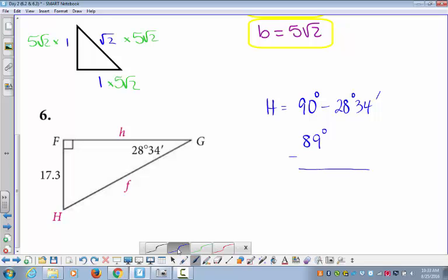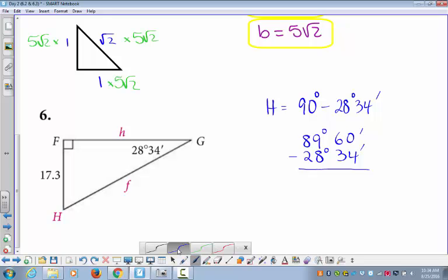I'm going to borrow 1 degree from the degree column and turn it into minutes. 60 minutes is 1 degree. So 89 degrees, 60 minutes is just another way to write 90 degrees. 89 degrees and 60 minutes is really 90 degrees, because it's 89 degrees plus 1 degree.